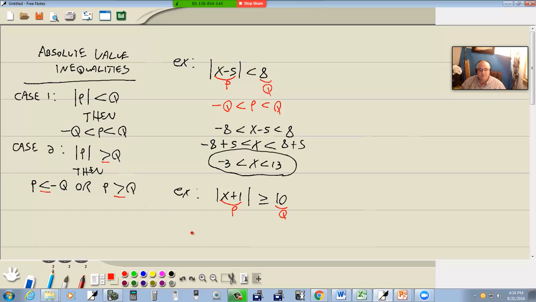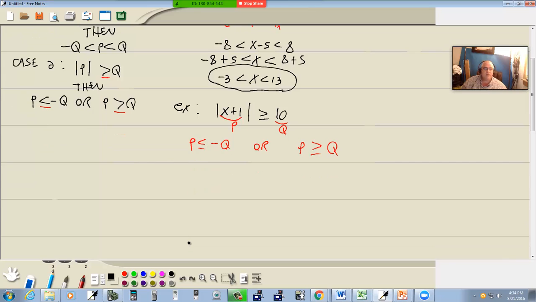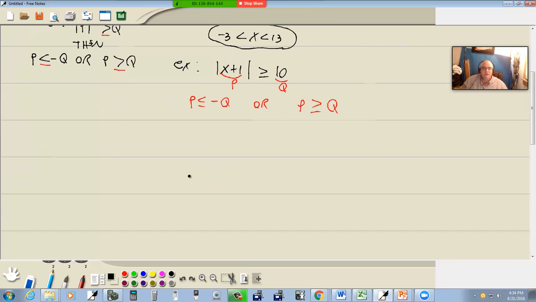And our formula says we're going to plug that into p is less than or equal to negative q. There's an or here, and p is greater than or equal to positive q. So everywhere I have a p, I'll plug in x plus 1. And everywhere I have a q, I'll plug in 10.